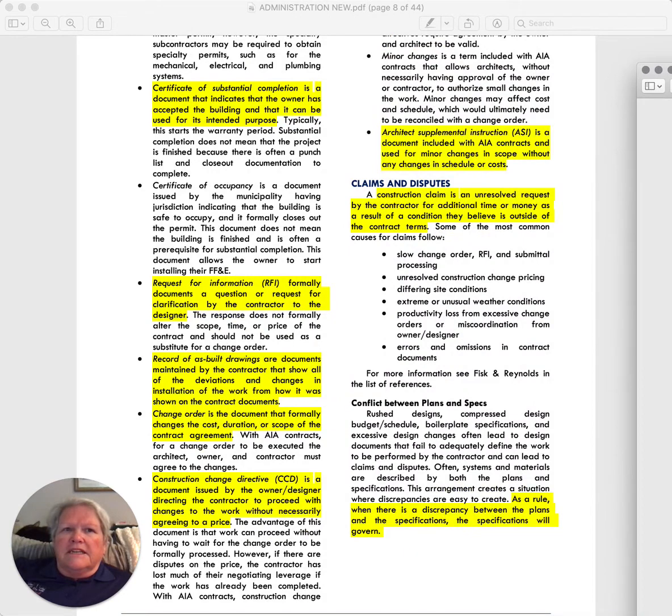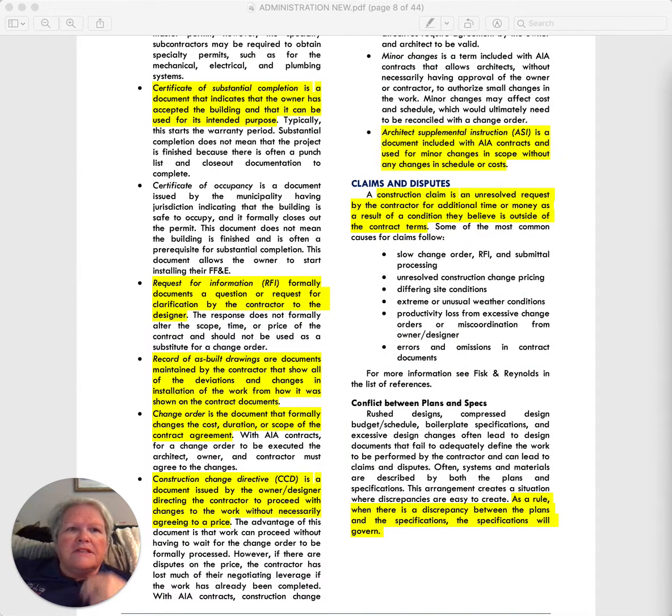The next thing is a construction change directive, and the only time that this is used is when the owner, and it's stated as such in contracts, may reserve the right to order the contractor to make changes before a price has been agreed upon.